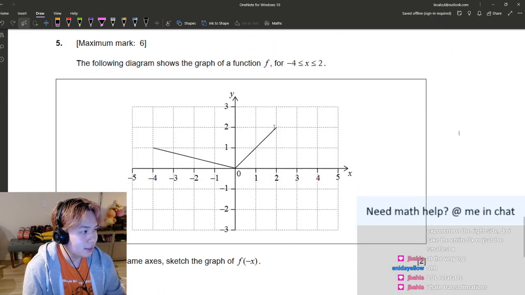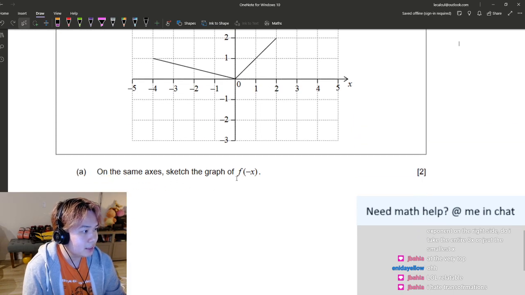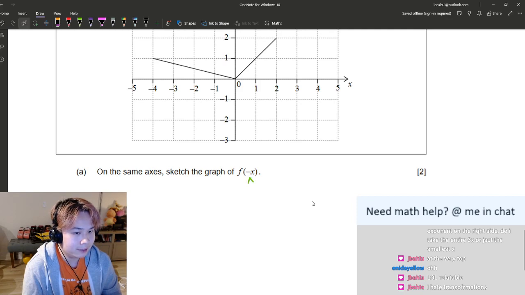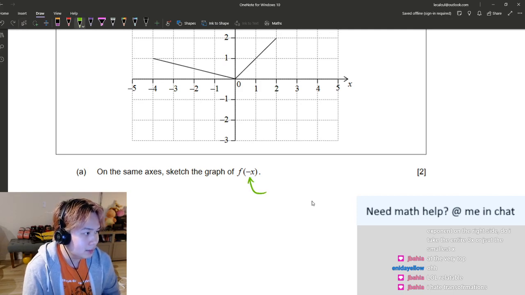Okay, here's a function. Then we need to sketch this graph. So all you need to do is be able to identify what transformation this is. And then this is a reflection across the y-axis.